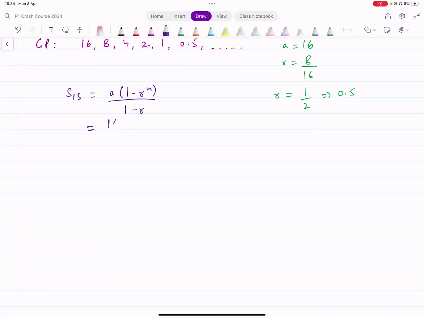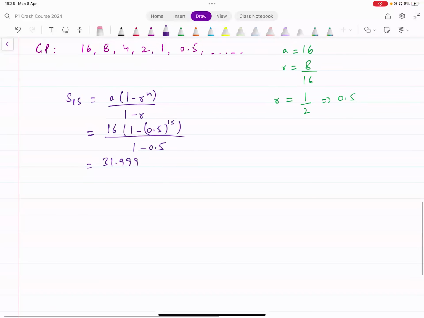A is 16, into 1 minus 0.5 raised to power 15, divided by 1 minus 0.5. And you can see what that turns out to be. Okay, so this is giving me 31.999. That's the sum of the first 15 terms of the sequence.